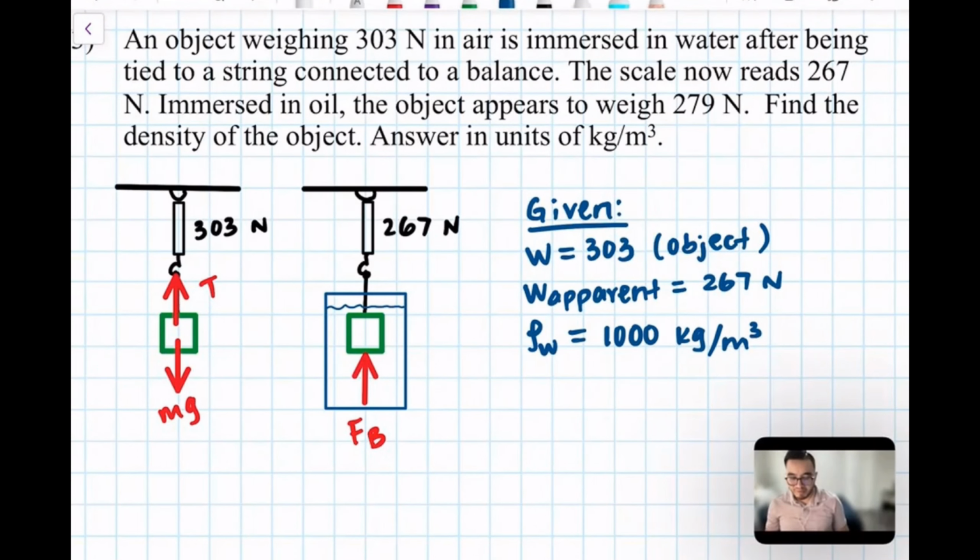Okay, so let's write down the formula for buoyant force. Let me use a different color here. So buoyant force is equal to the weight of the displaced fluid. And how can we know that weight?